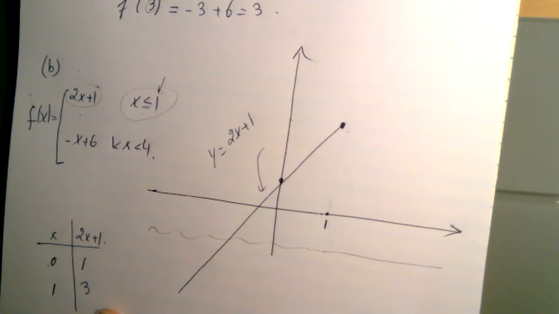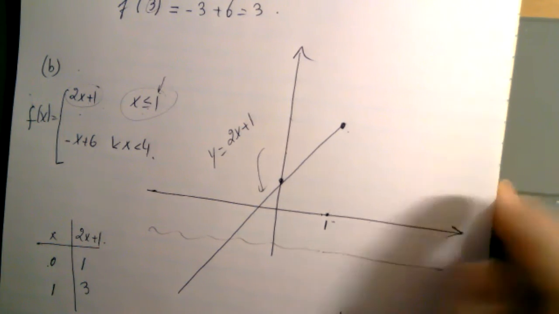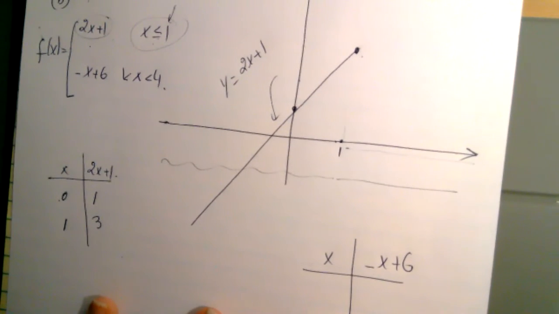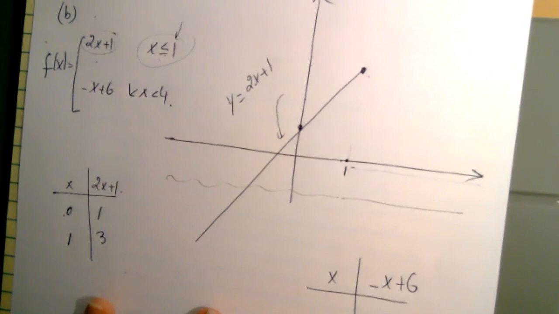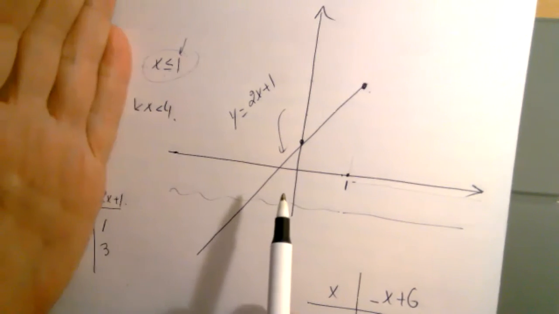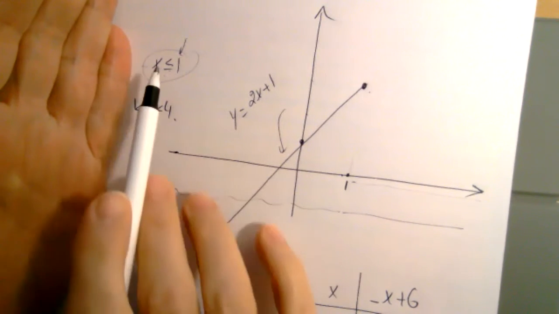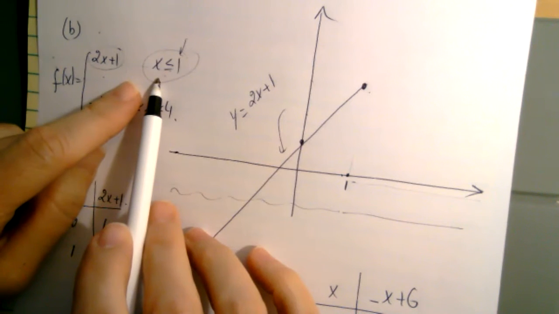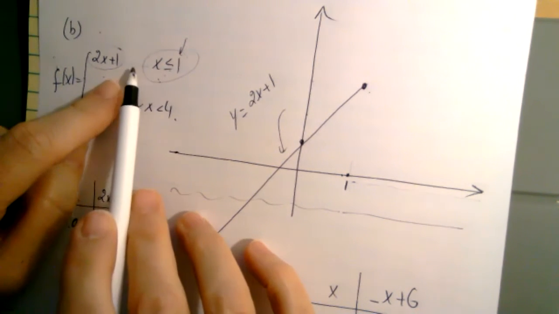Now the minus x plus 6, I'm going to draw it here. Again, we know it's a line, so that's x and minus x plus 6. I have a question. Why does a line keep going to the left and not stop? Why does a line keep going down? Because I'm not stopping from the left here. So can your x value take the value minus 2? Yes. Can it take minus 3?